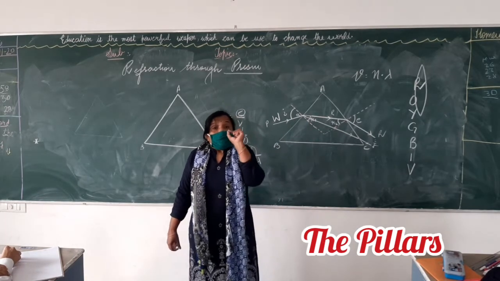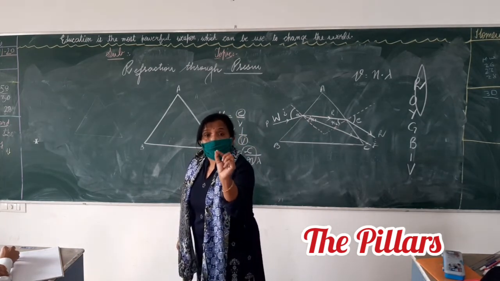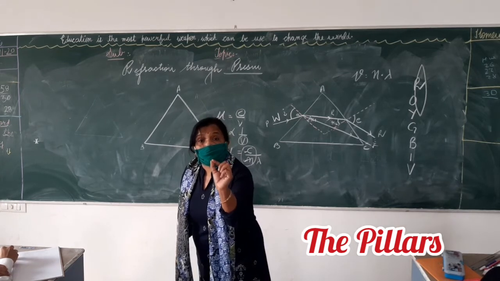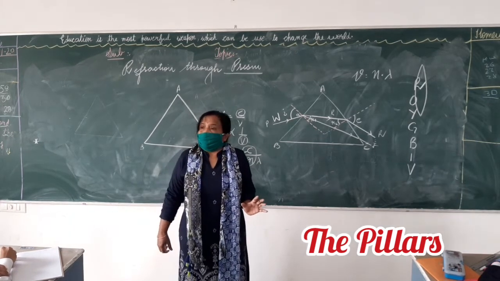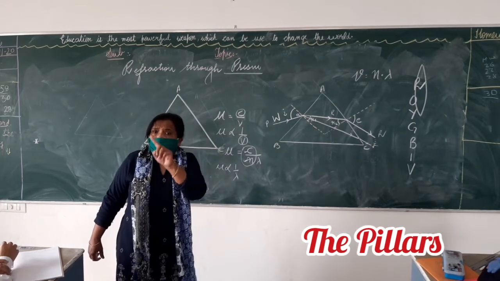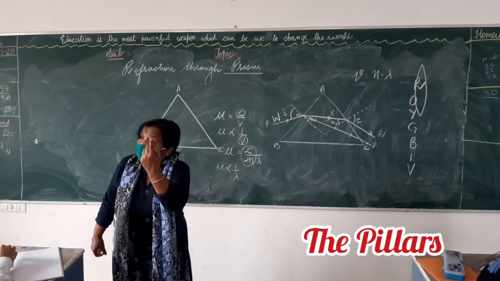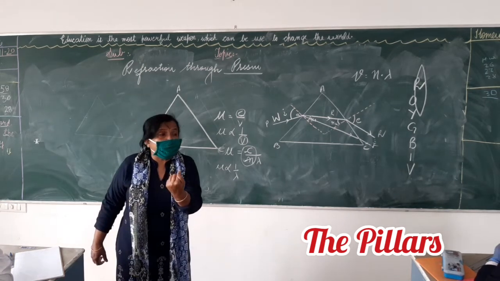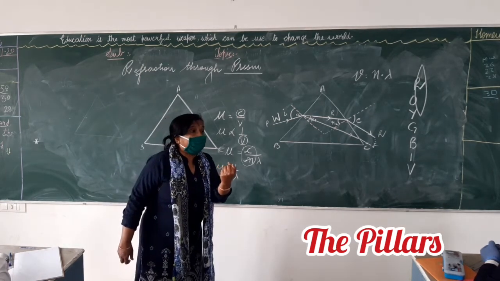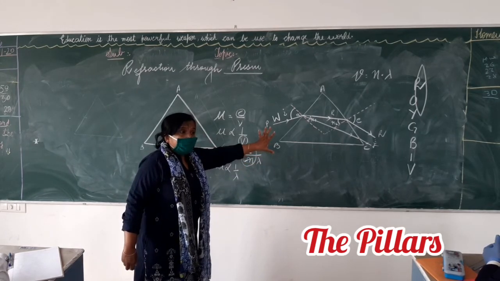The refractive index for different colors is different. For red, the wavelength is more, so the refractive index is less. If the refractive index is less, bending will be less.